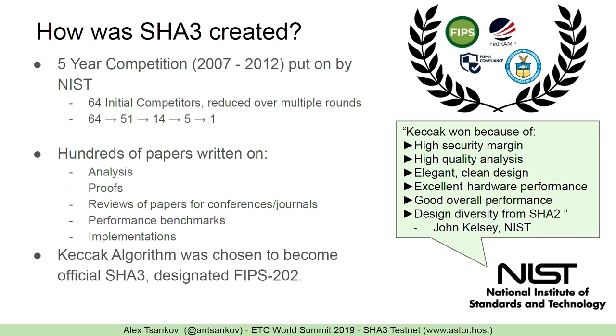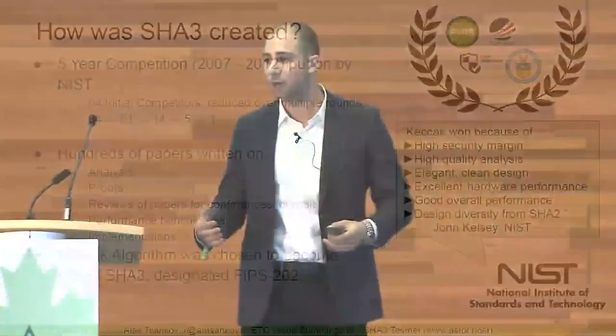You can see in the quote on the side here from John Kelsey, who was the NIST head scientist who actually ran the competition, that they were very emphatic that Keccak won because it had an extremely high security margin, excellent hardware performance, and good design diversity from SHA2. So these are all reasons why we as a community should be interested in SHA3 and why we should consider this as a proof of work algorithm, because it's a really good one.